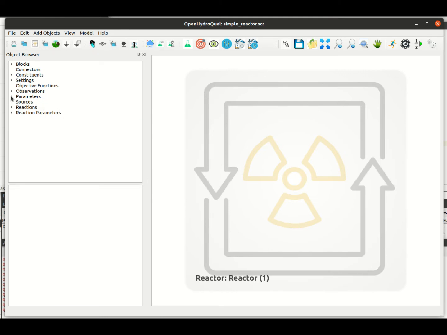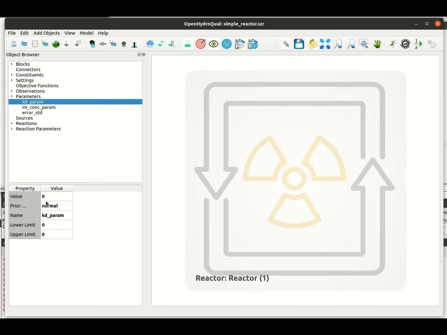Now I'm going to assign some values. First of all, for the KD param, I'm going to assign a value. This value is going to be used when I run the model in forward mode, and then I provide some range, right? The upper limit and lower limit work this way: when I do deterministic parameter estimation, that's the range of parameter that will be searched.